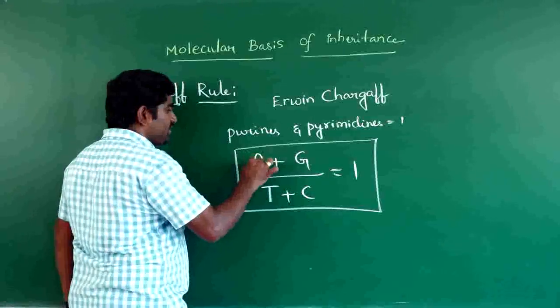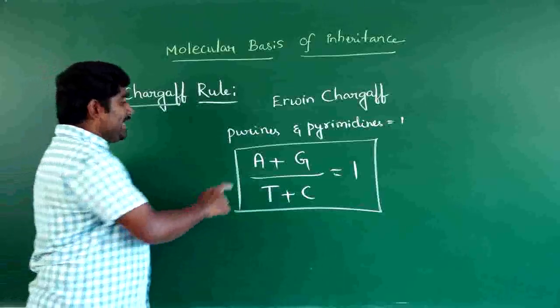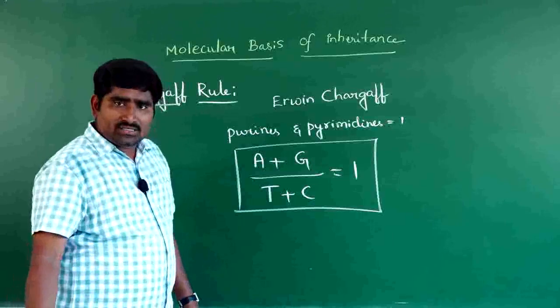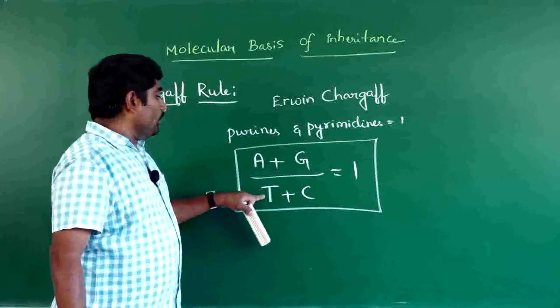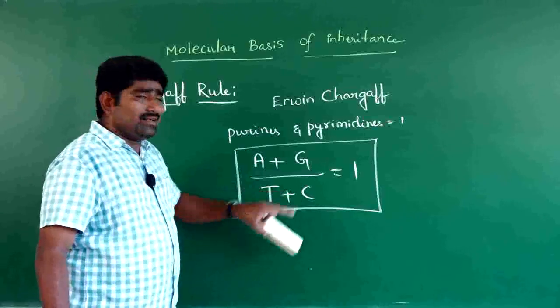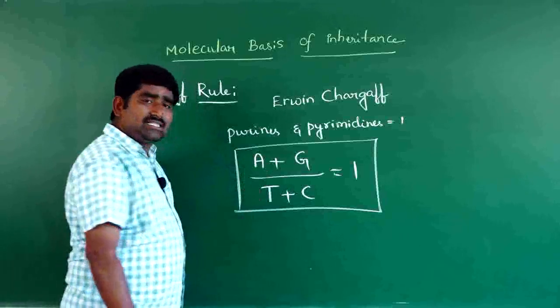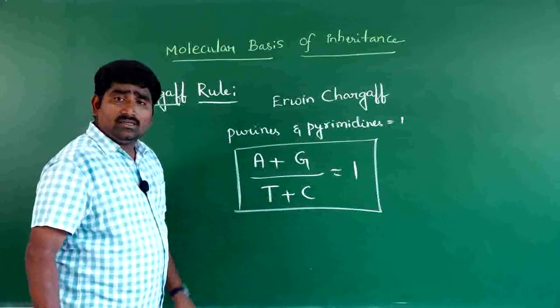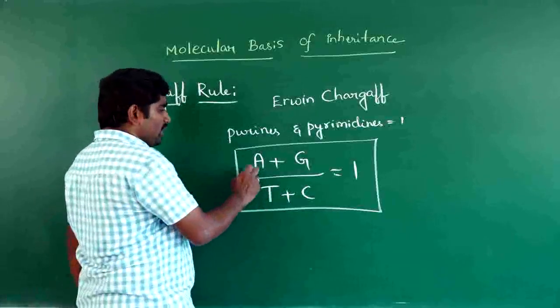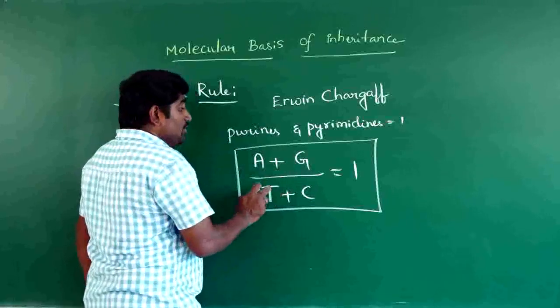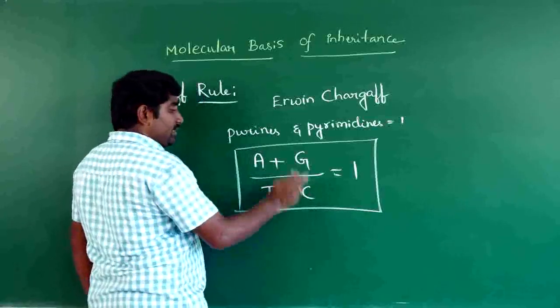The meaning of this rule is that the sum total of adenine plus guanine is equal to the sum total of thymine plus cytosine.